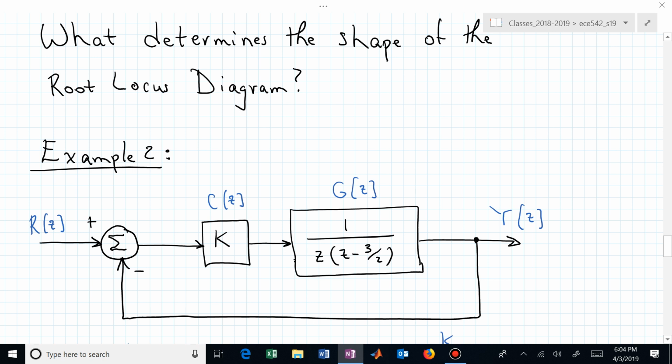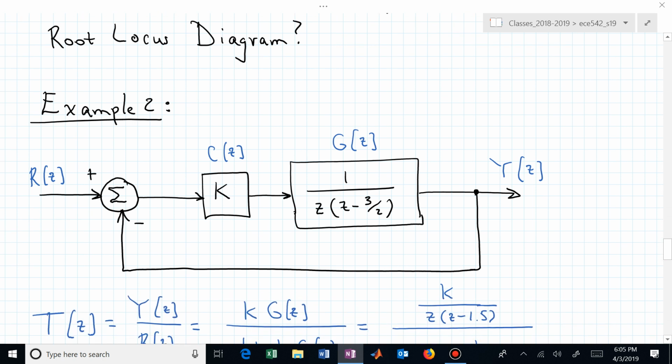And what does it mean to be happy? Maybe it's satisfying particular performance specifications: settling time, percent overshoot, and peak time. Maybe we can identify those regions, circles, wedges, or angles, and how those overlap or intersect, and do our branches go through those regions in the way that we would like them to.